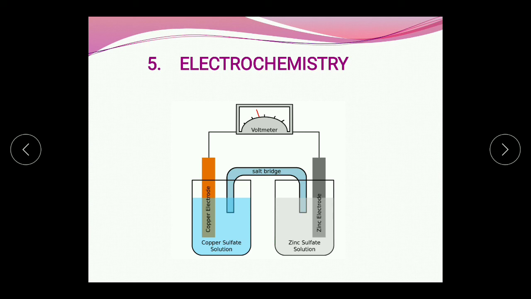Now for that we learned about the electrochemical cell. It is the device in which these interconversions take place. Okay. Now, what is electrical conduction then?